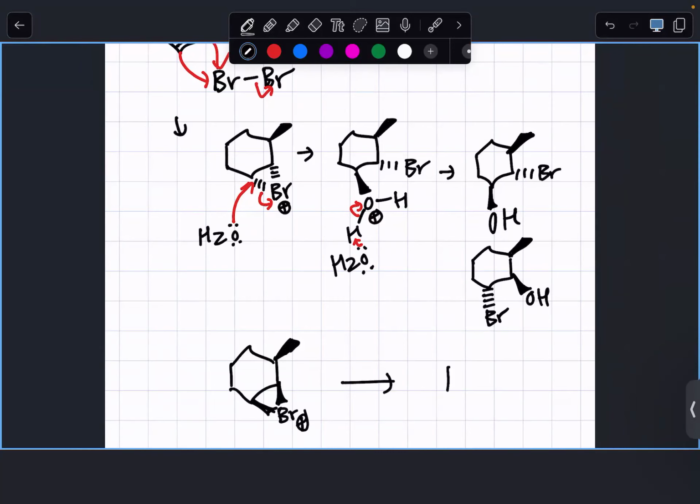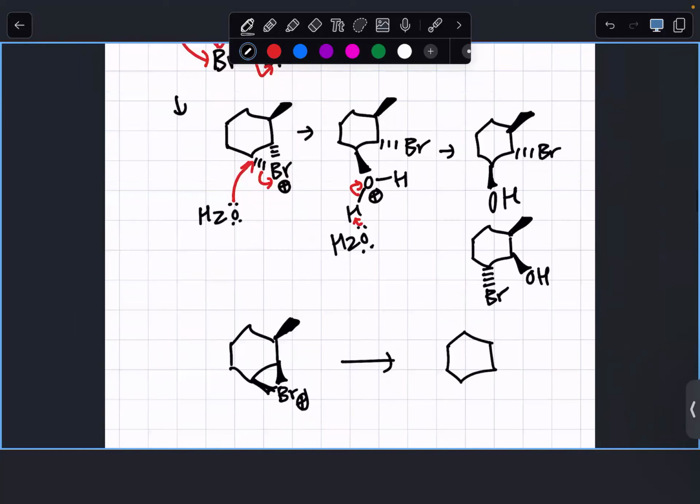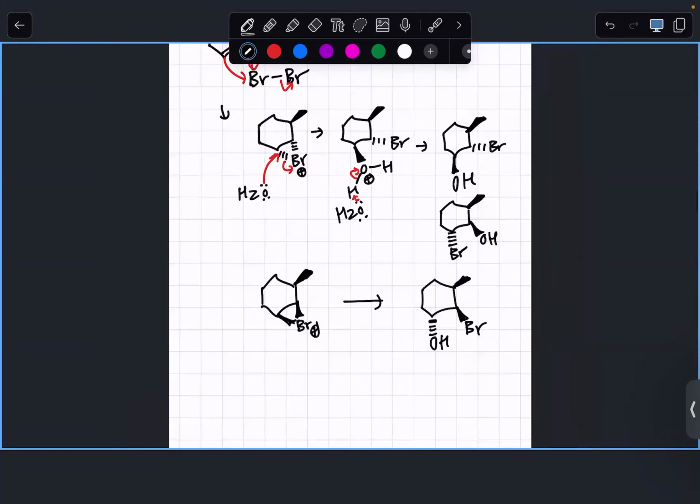Then we would get these two products here. So these are four different products.